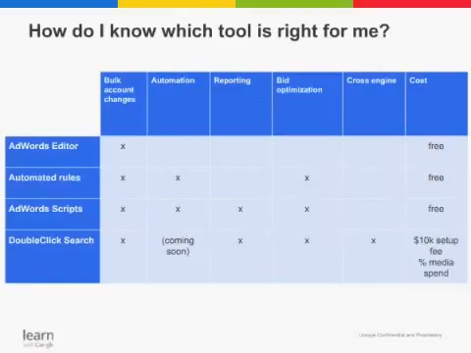Does the tool provide campaign management automation that reduces the need to repetitively make manual changes? Does the tool allow for granular customizable reporting? Does it offer automated and intelligent bid management? Does it allow you to manage your search easily across different search engines? And lastly, is there a cost associated with it? If so, how much does it cost?